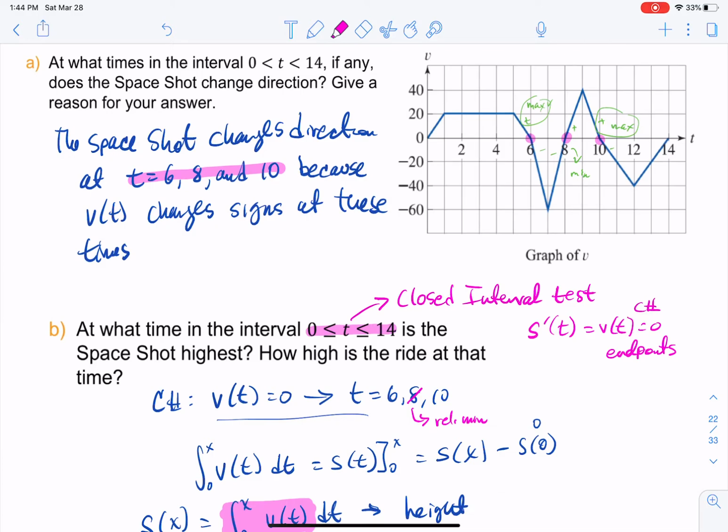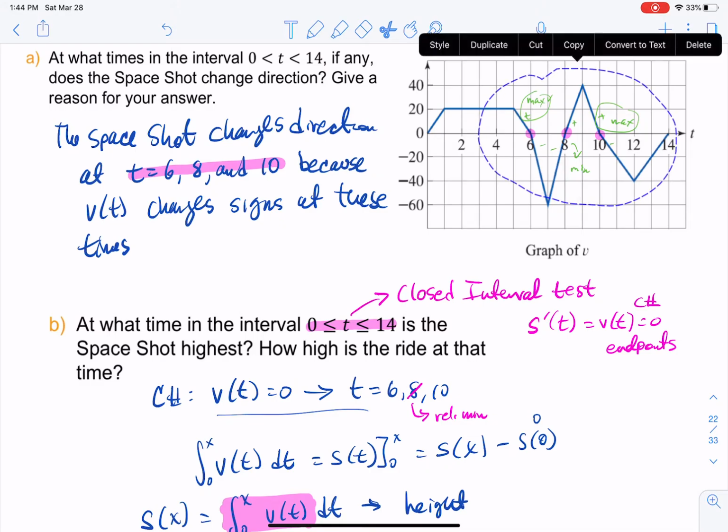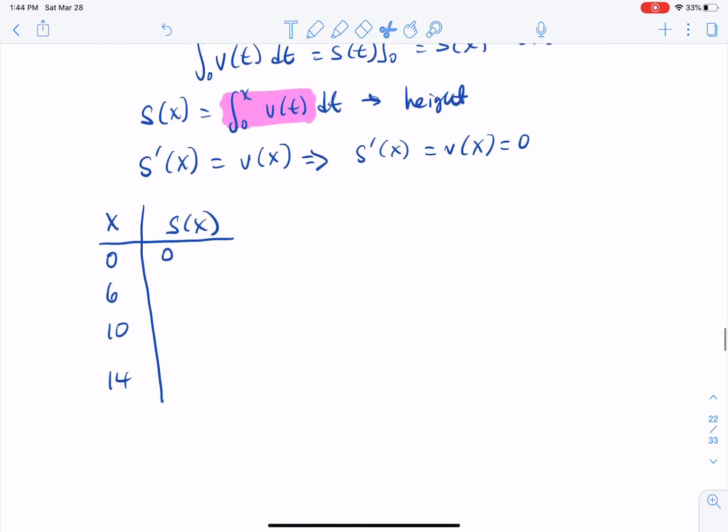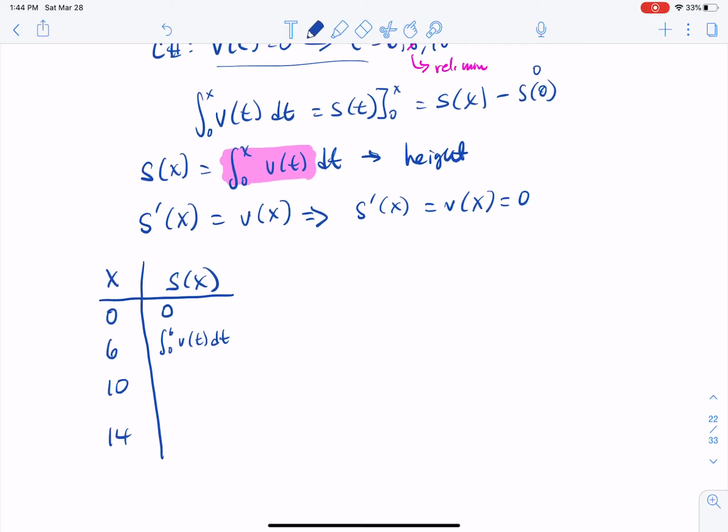So I'm going to clean this graph up a little bit so I can write on it and color it. Okay, so for 6, this is the way it's going to look. It is the definite integral from 0 to 6 of v of t dt. So I want the area from 0 to 6.